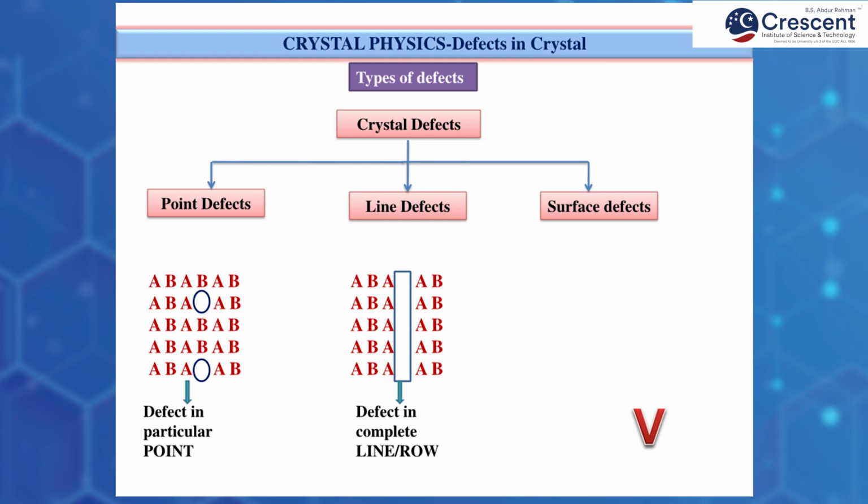Then line defects, you have two types, edge dislocation and screw dislocation. These are the line defects in crystal imperfections. Surface defects, you have grain boundary, tilt or twist boundary, twin boundaries, which you can explain in detail, and stacking fault. These are the different types of defects in crystals.